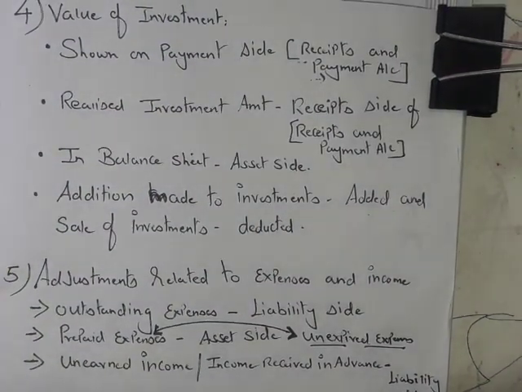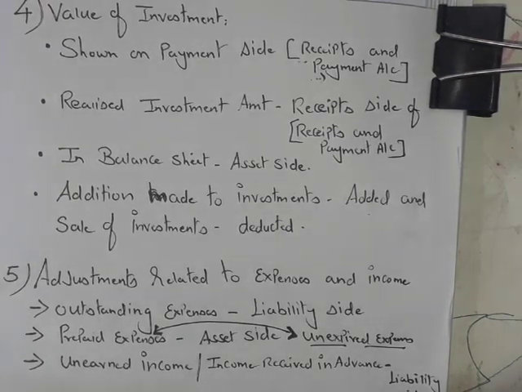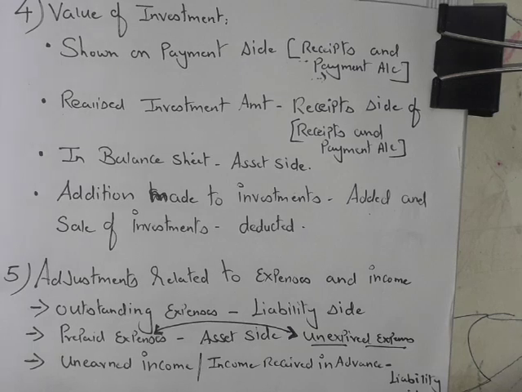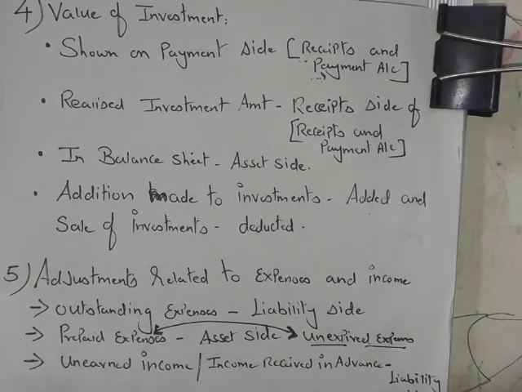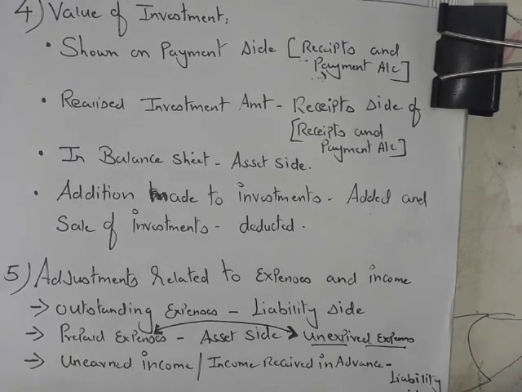Whereas there can be some portion of your investment getting realized. That means you may get interest on the amount you have invested. If you have invested in some bank schemes like fixed deposits or term deposits, or if you have invested in any shares or securities of companies, then you may get a return in terms of dividends.